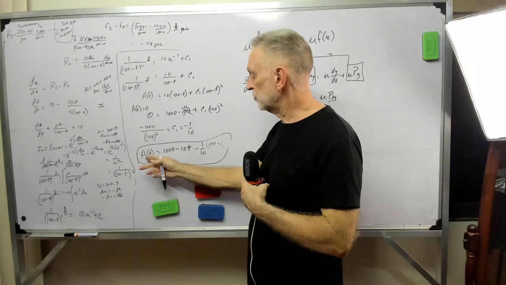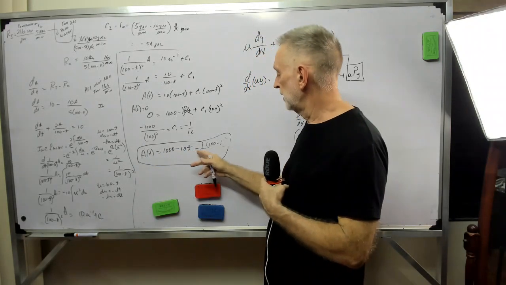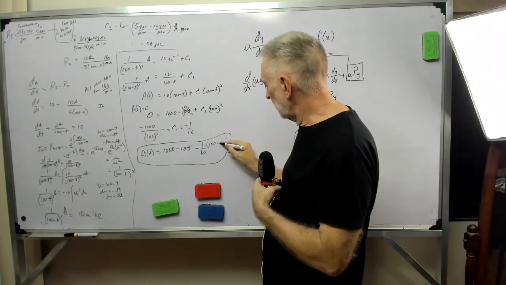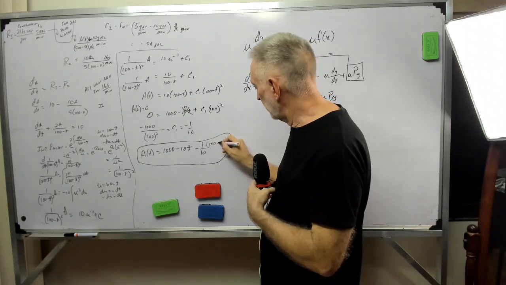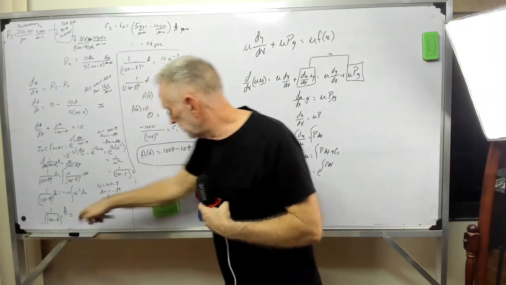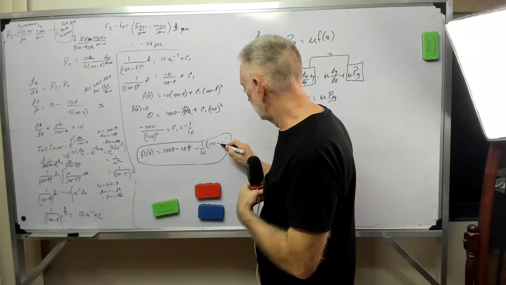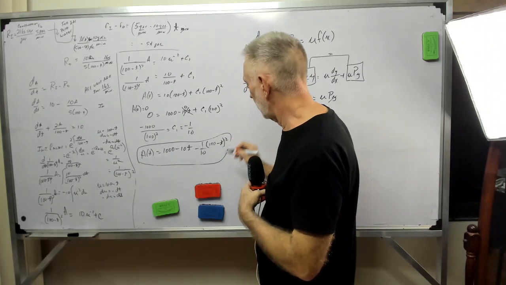So now my salt as a function of time is 1,000 minus 10t minus, I think I've run into my board here. It should be 100 minus t, parentheses squared.